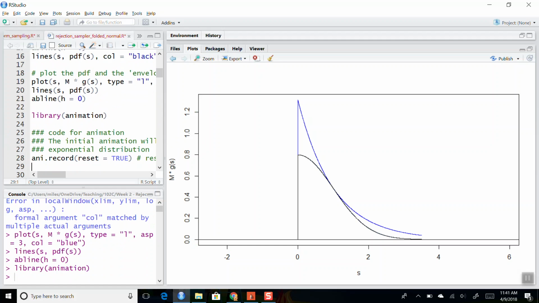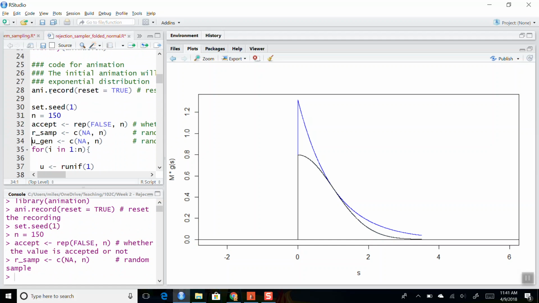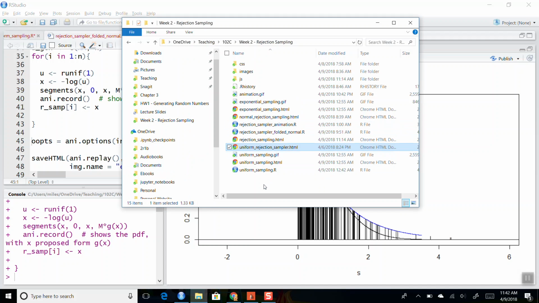All right, so I'm going to run the animation here. First, this animation is to show the exponential sampling.